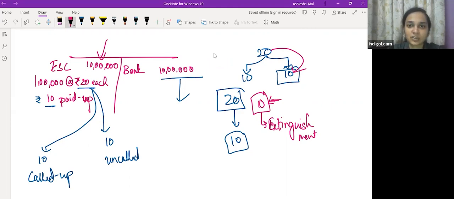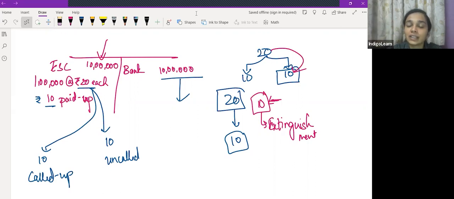There's some technical issue. Till then, I'll explain what I was saying. So the first way of reduction of share capital is basically wherein there's a change which is being made in the paid up value of the shares, and this change in the paid up value is ultimately leading to extinguishment of liability or reduction in the liability on the shares of the company.